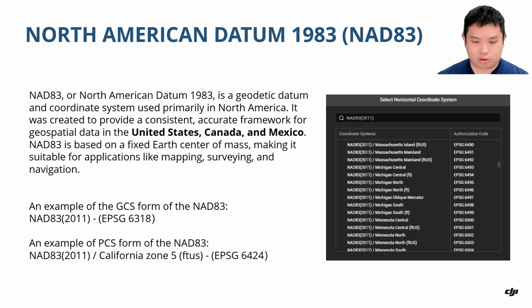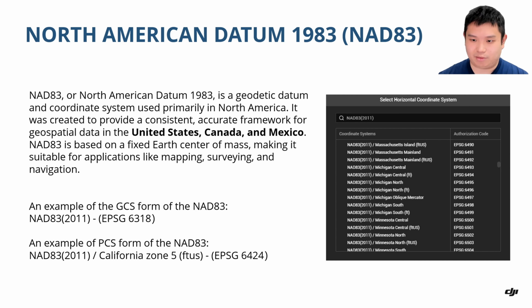When you import all the images into DJI Terra, you can define which coordinate system your embedded coordinates within the metadata are from. We have a list in DJI Terra for you to select from, and you will be able to find whether your data was recorded using an NAD83 geodetic coordinate system or WGS84 geodetic coordinate system.